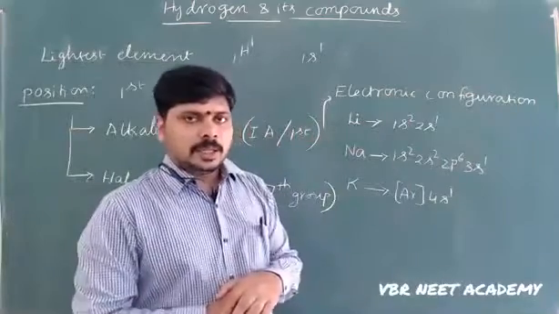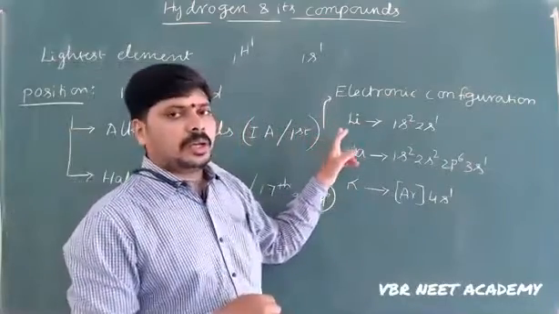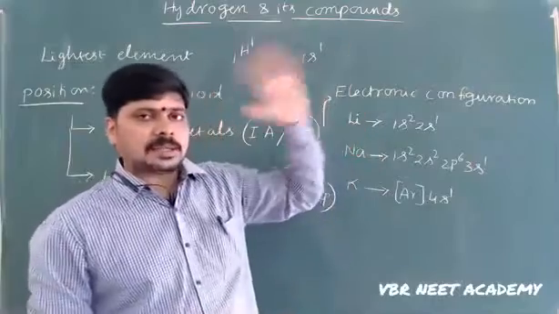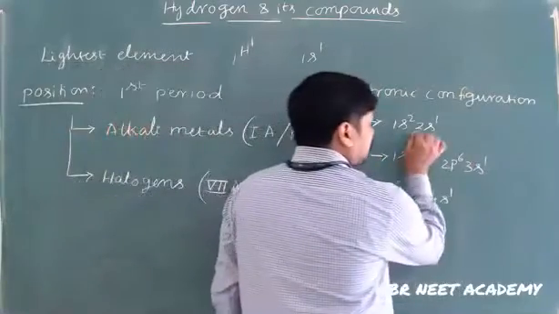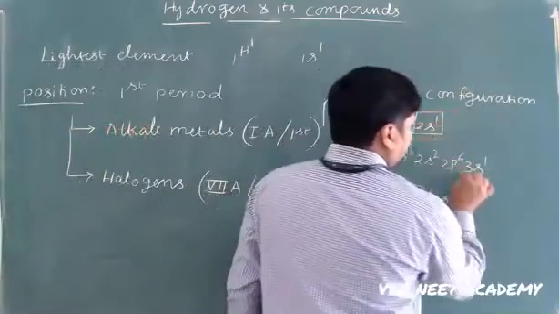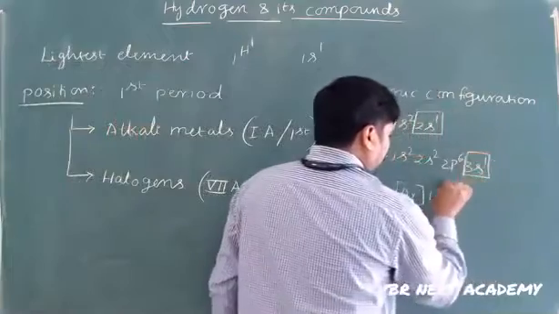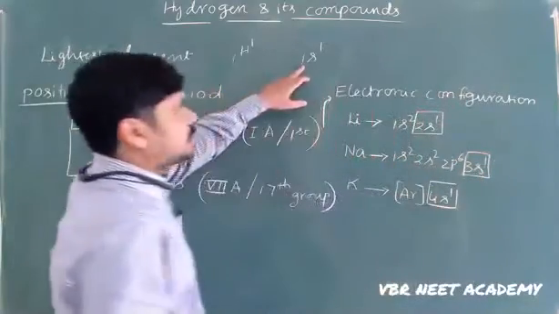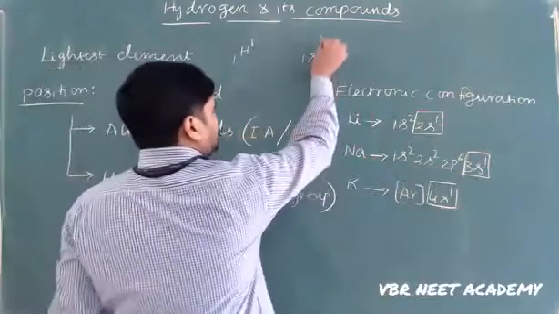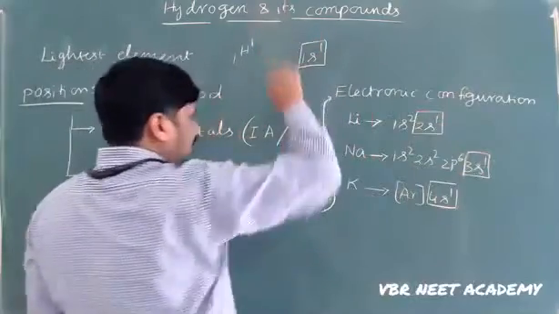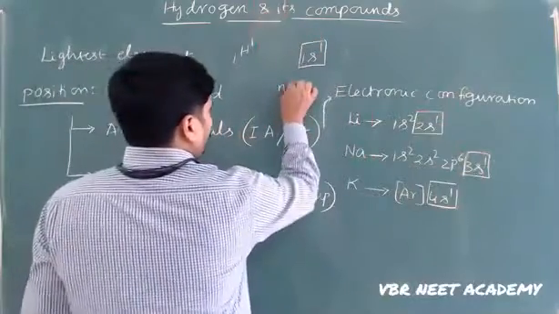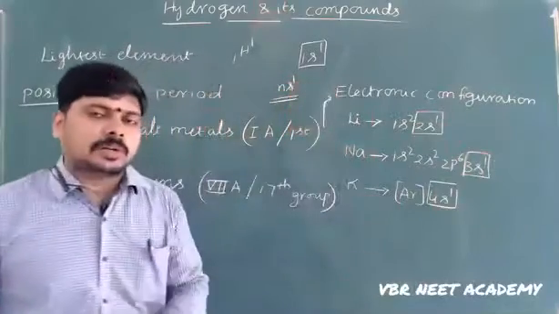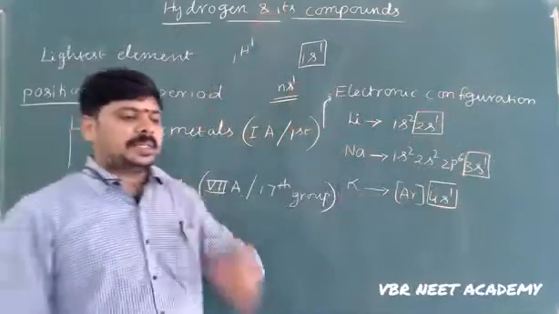That means every element in your alkali metals shows the last electronic configuration 2s1, 3s1, 4s1. And what is the electronic configuration of hydrogen? I said 1s1. That means ns1, if you take the general electronic configuration.